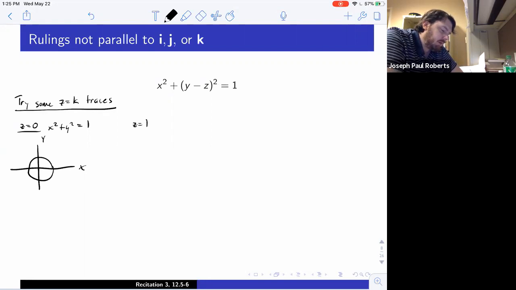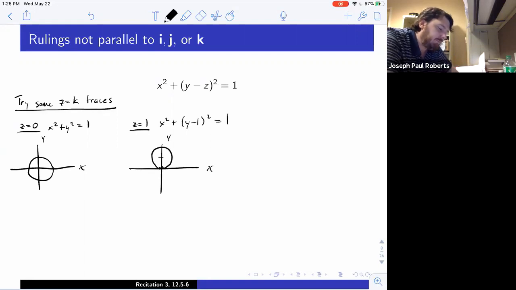But then, what happens if, say, z is 1? Well, then that's x squared plus (y minus 1) squared equals 1. So it's still a circle of radius 1, but now it's centered at the point (0, 1) on the y-axis, so it looks something like that.